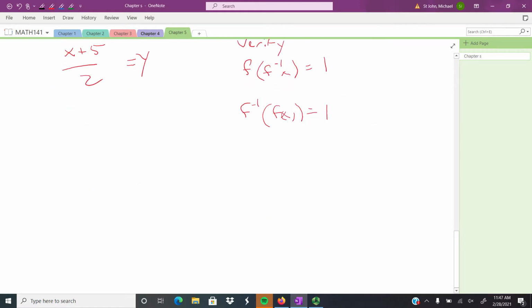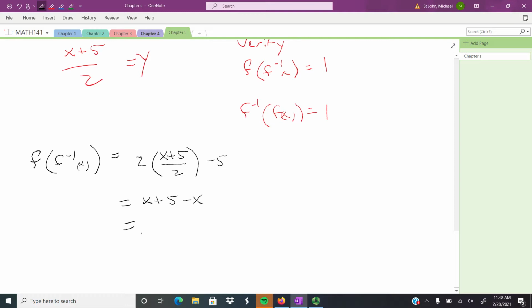So, for example, in the terms of the one I just did, if I do f of f inverse, we would have 2 times the x plus 5 over 2 minus 5, which will be x plus 5 minus 5.